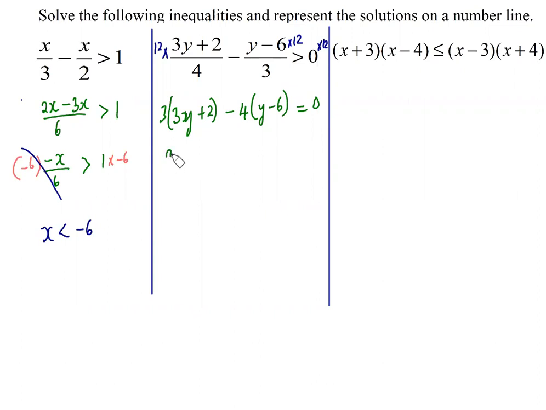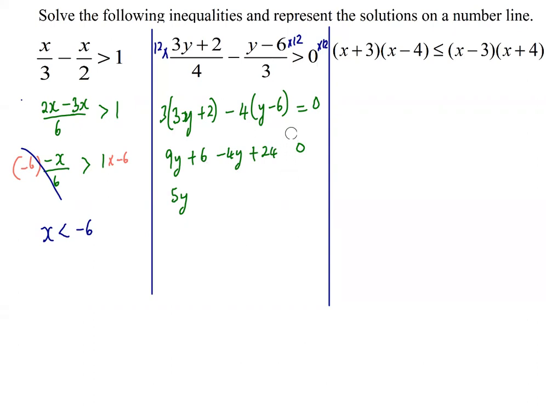Then here's going to be 9y plus 6 minus 4y plus 24 is going to be equal to 0. Then here 9y minus 4y, you get 5y. Then 6 plus 24, you get, why am I putting an equal sign now? Very sorry for that.